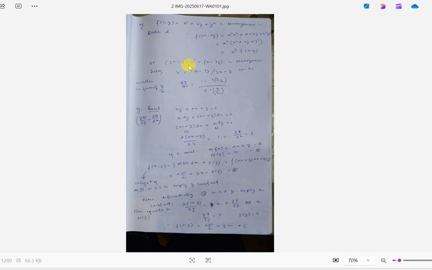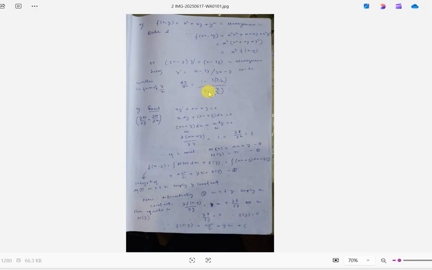Another example: y prime or y dash is equal to x minus 3y divided by 2x minus y. How will we know this is homogeneous? Because we can write y dash is equal to x minus 3y divided by 2x minus y. This is a different example.